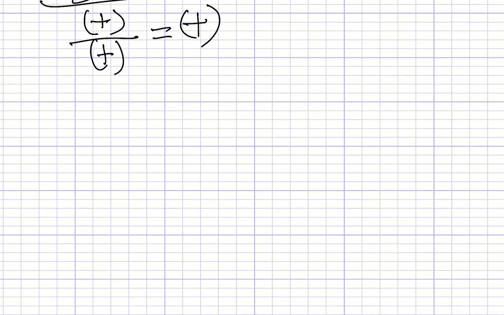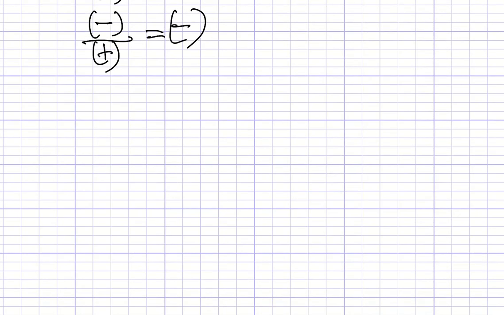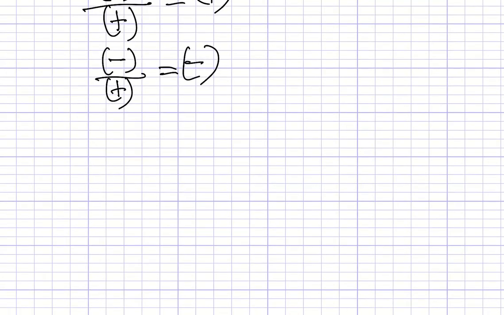Now, suppose you have a negative number on top and you divide it by a positive number on the bottom. You're going to get a negative number. You always get a negative number in that case. The same thing if you switch them over: a positive number divided by a negative number, you will get a negative number.